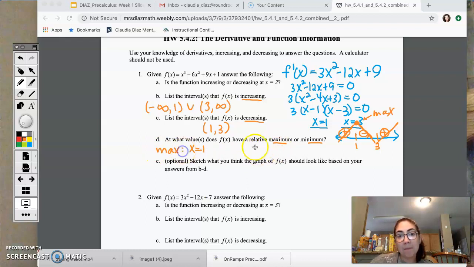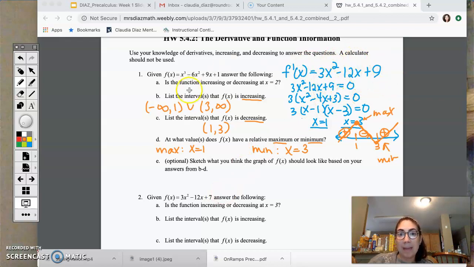And the minimum is where it goes from decreasing to increasing, which is at x equals 3. And just like that, we have found the max and min. Notice we're not using the picture or the calculator, but we're using the derivative.